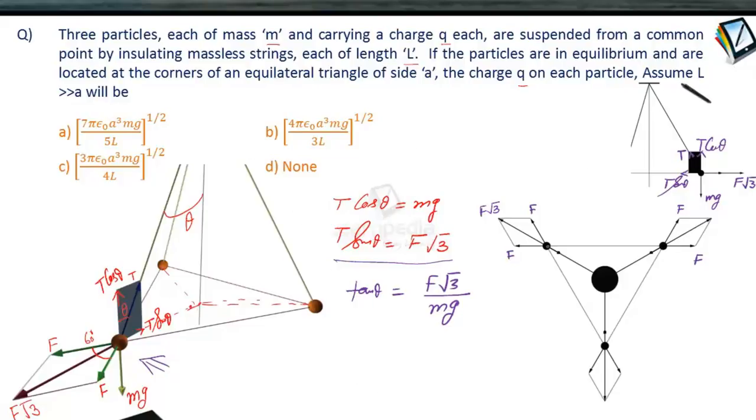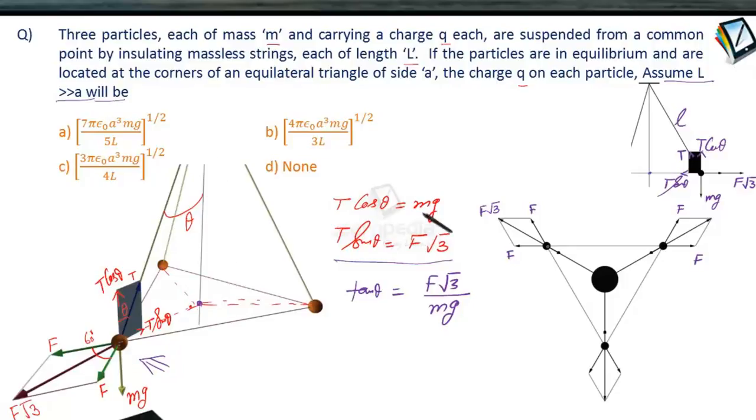As you can see, L is assumed to be much greater than A. In this diagram, L is the length of the string, and this point is the center of the triangle. This diagram indicates the triangle made out of the line passing through the vertex of the triangle and its center, the string, and the vertical line.